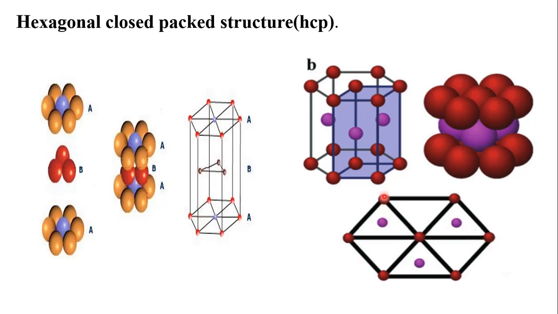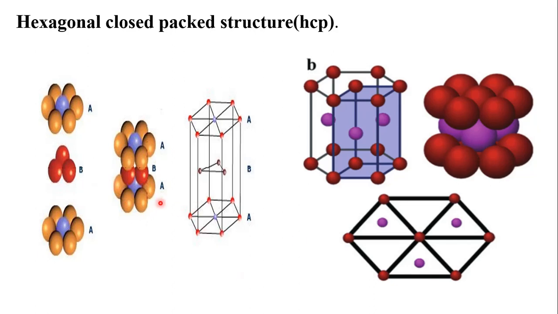See here, this is the hexagon, and 1, 2, 3, 4, 5 and 6 empty spaces are there. And these 3 spheres of the layer B are placed in the empty spaces, that is, triangular spaces of this first layer.